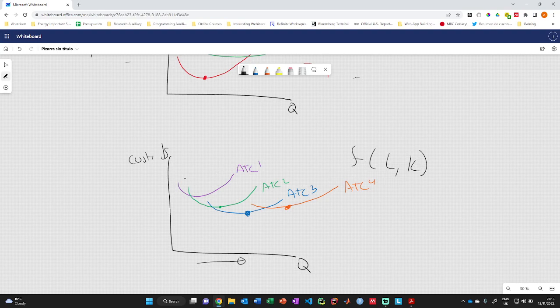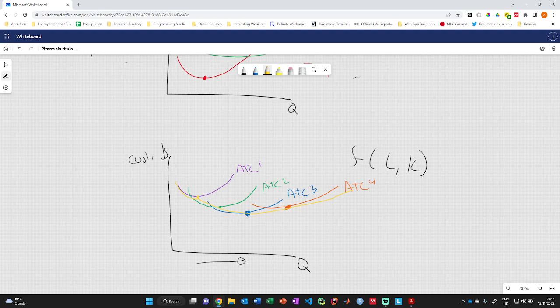And what you need to do here is just identify the minimum points of your graphs, like here, and just link them together. So we go from here to here to here, and we continue. And this plot and this line, this curve, that's going through all the minimum average total costs.